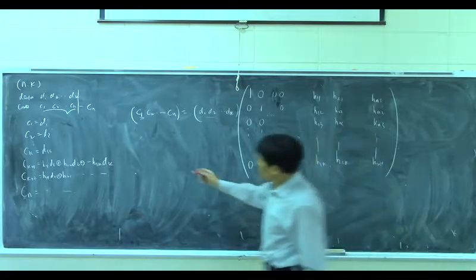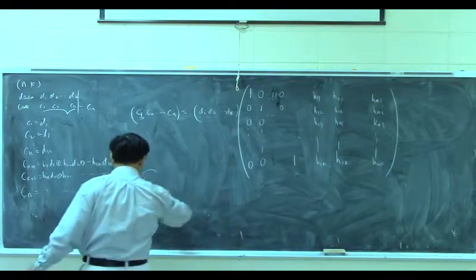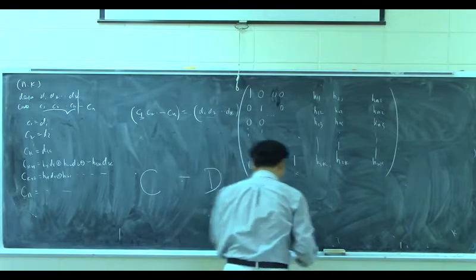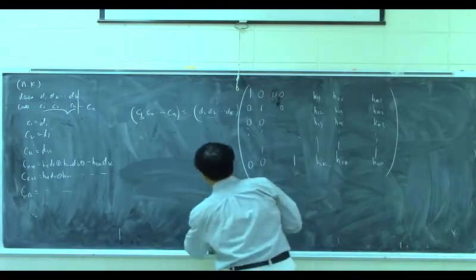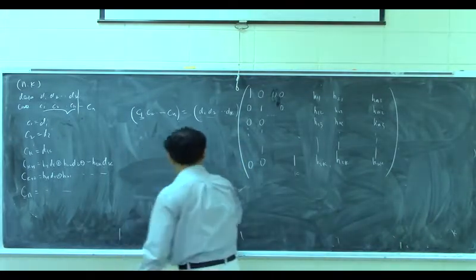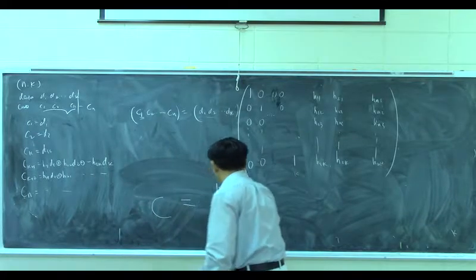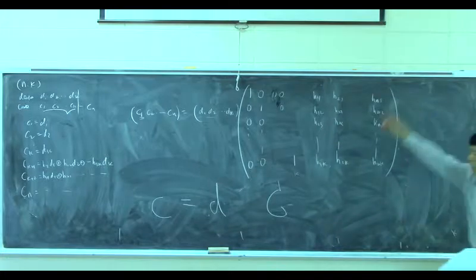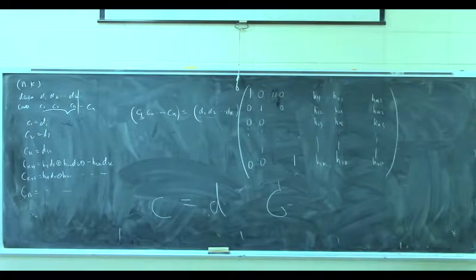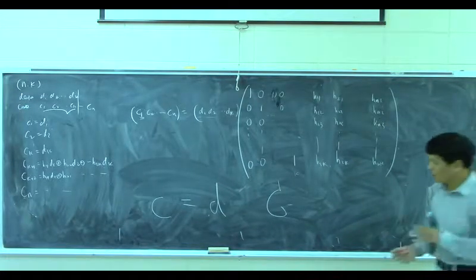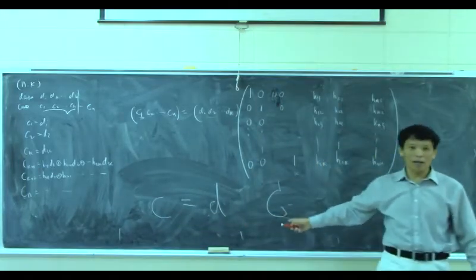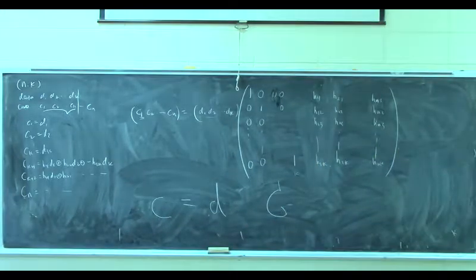We write this one as the code C, this one as the data D, and this one as the generator matrix, the big one. So mathematically, we just write C, the code, equals the data multiplied by the generator matrix.